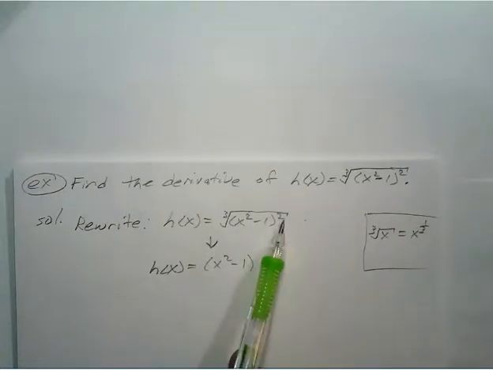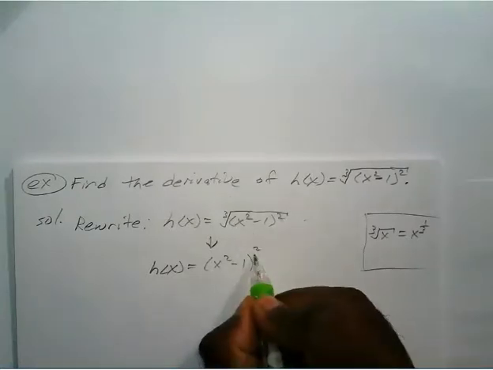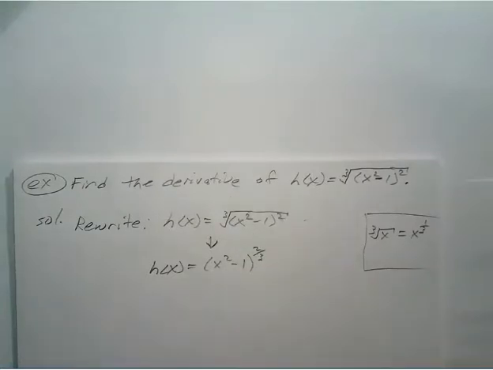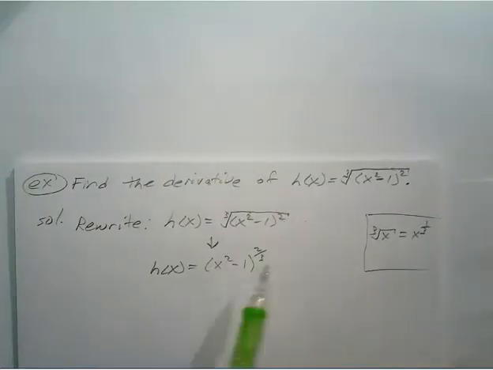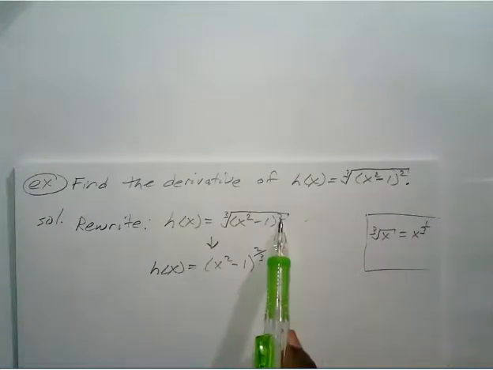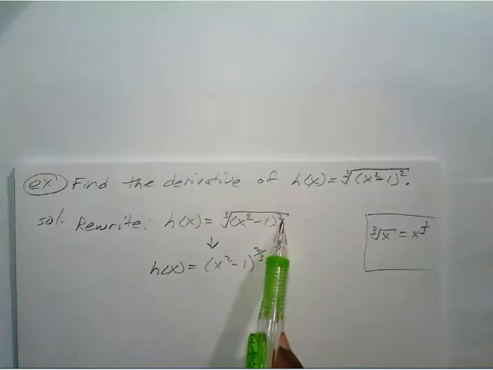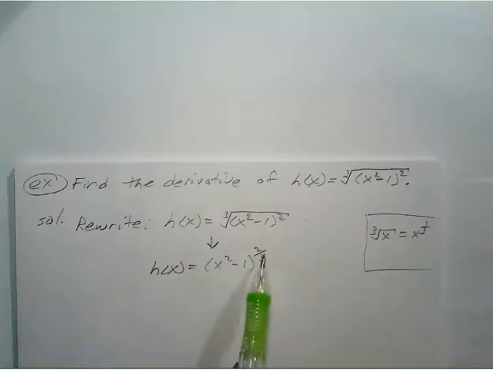If we didn't have that squared there, it would just be to the 1/3 power. But because that squared is there, we have to multiply that 1/3 by the exponent that's already there. So that's how you got your 2/3.